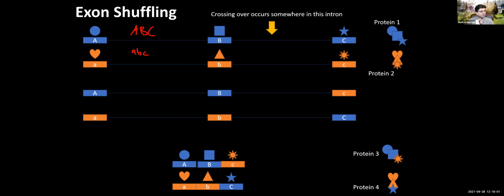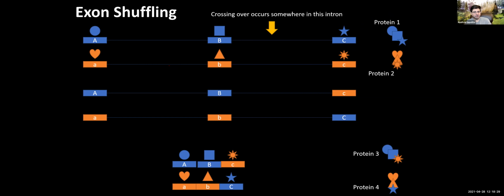But instead of these letters corresponding to genes, they're the different exons. Capital A gives us a circle, capital B gives us a square, capital C gives us a star. The lowercase a version gives us a heart, the lowercase b gives us a triangle, and lowercase c gives us this 6-sided star, sun. And so these proteins look completely different from each other.